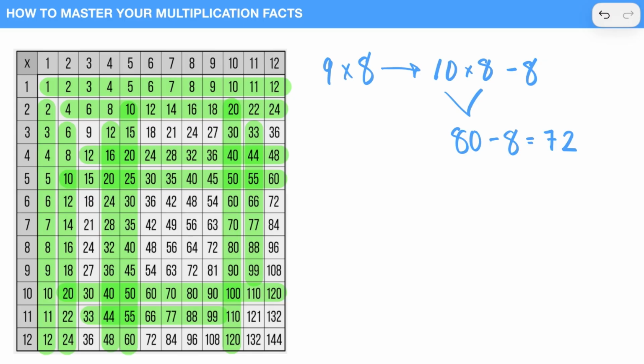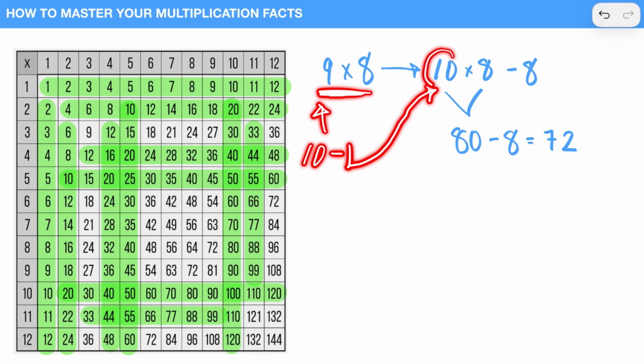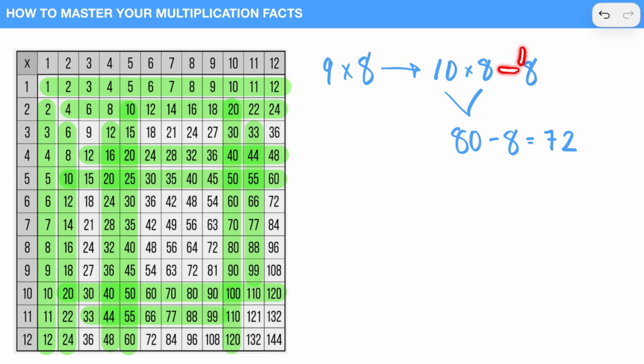Now the reason this works is because, look, we're doing 9 times 8. 9 is 10 minus 1. And so when we applied it to our problem, look what we did. We did 10 times 8 minus 1 times 8.